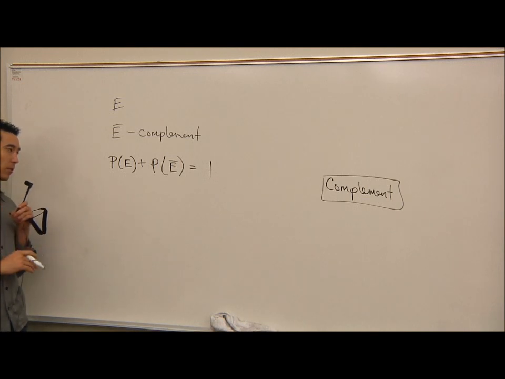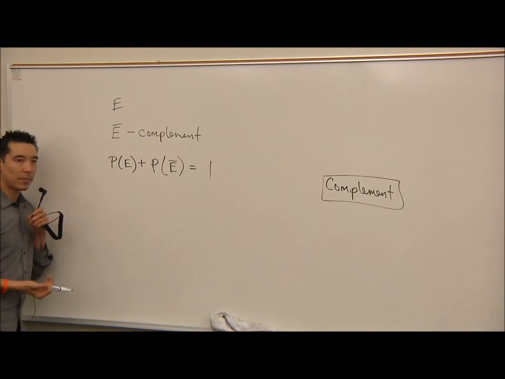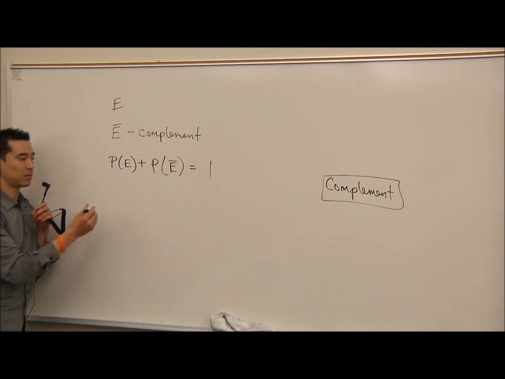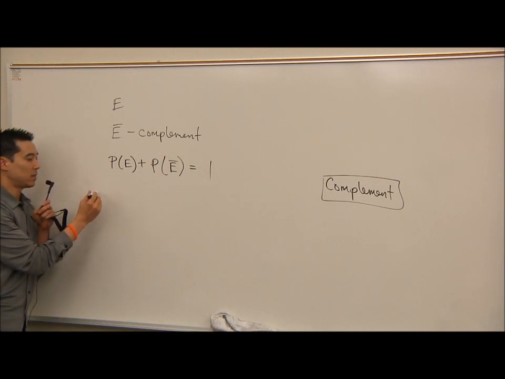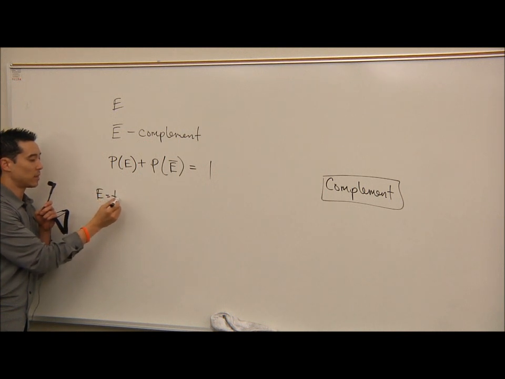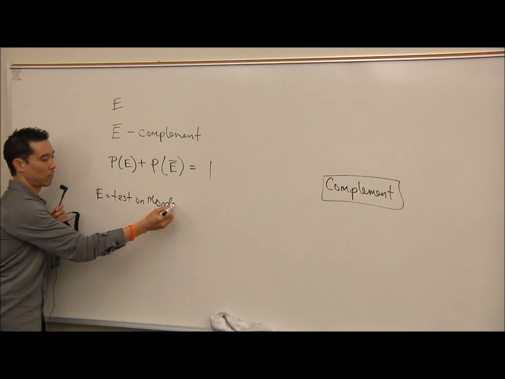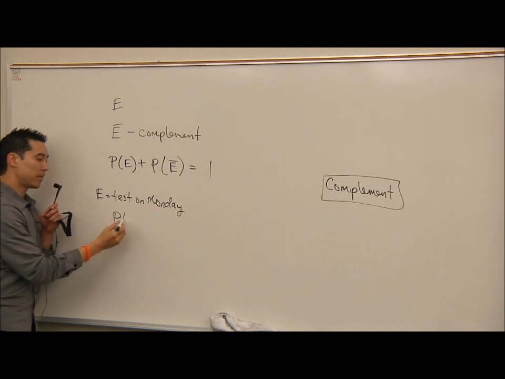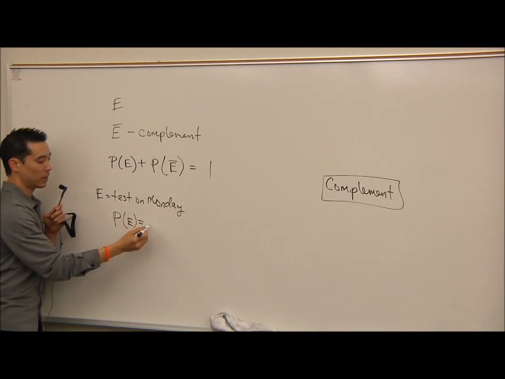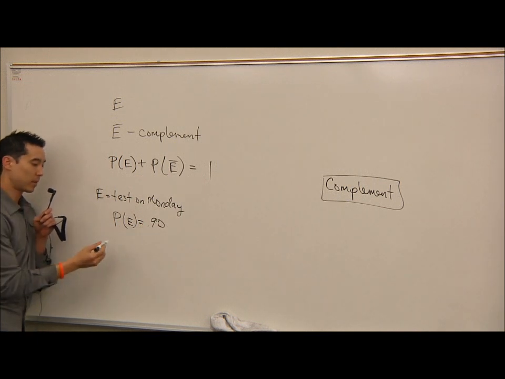Okay? For example, let's say I say the probability of having our test on Monday is 90%. Okay? So let's say E represents having a test on Monday. And I say the probability of that happening is 0.9. Okay?